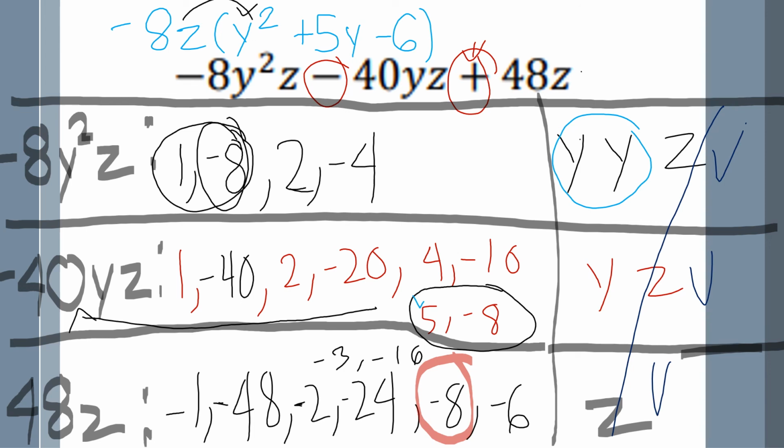All right. -8z times +5 gives me negative 40yz, and negative 8z times negative 6 is positive 48z. And that's how you do a problem like that.